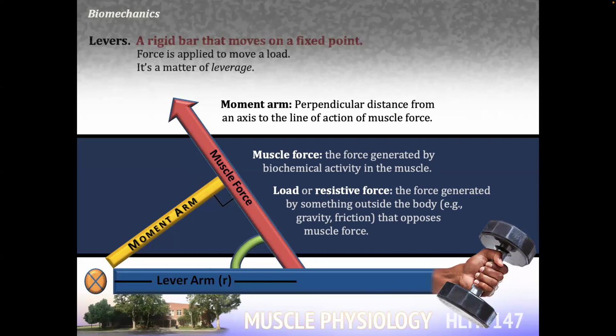So there's a moment arm for the load and a different moment arm for the muscle, two totally different moment arms. And the ratio of those moment arms determines whether we have a mechanical advantage or disadvantage.